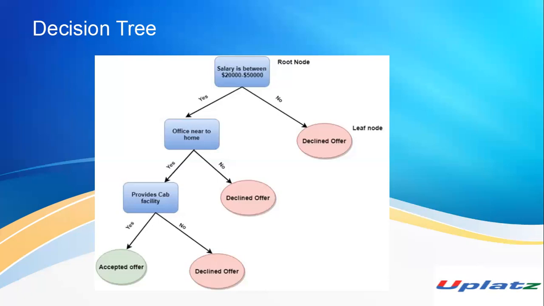These are the leaves which represent the outcome. Each branch represents a decision, so you can see yes, no. If it is yes, it goes to the next decision of is near to home. If it is no, it goes to the leaf which is declined offer. So have a look at this decision tree example.